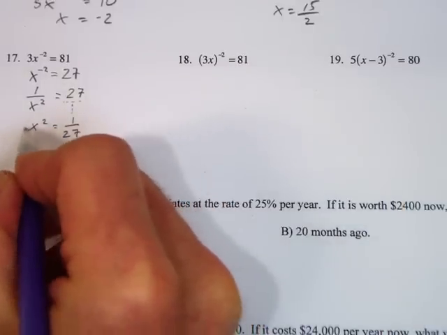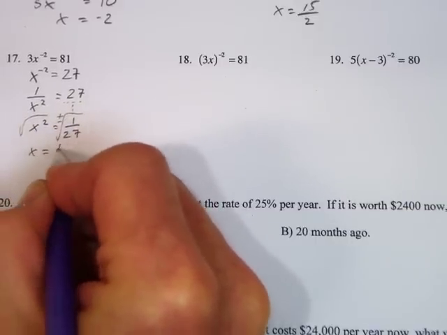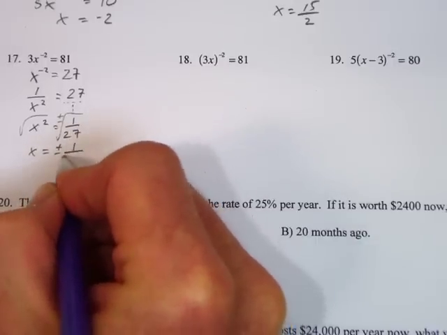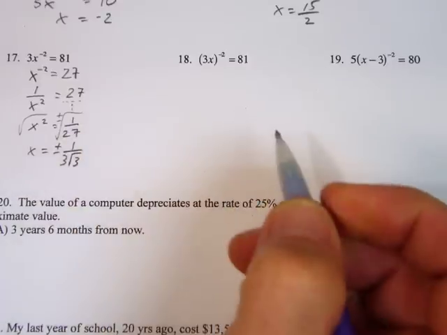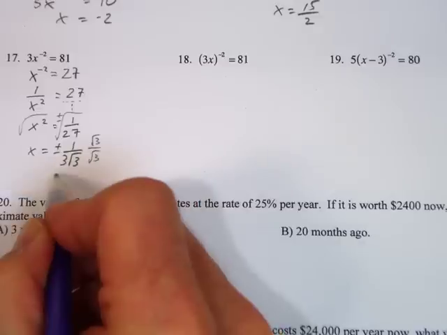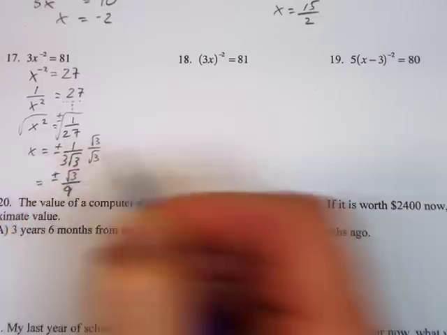And now we can take the square root of both sides. We have our plus or minus. x equals plus or minus 1 over the square root of 27. We need to simplify that. That's 9 times 3, and the square root of 9 would be 3. So this is 3 root 3. And we'll rationalize this again. Multiply by root 3 over root 3. So we get plus or minus square root of 3 over 9.